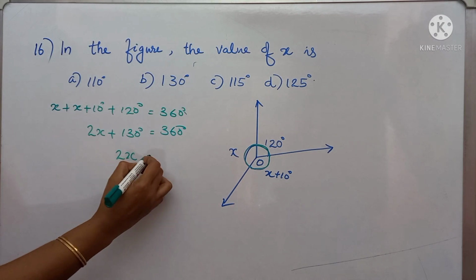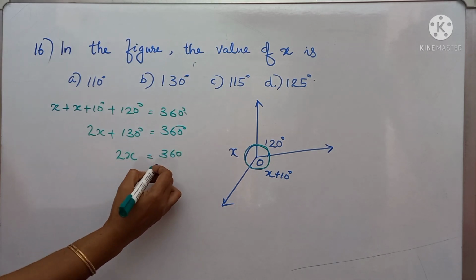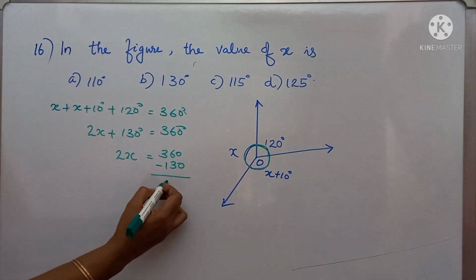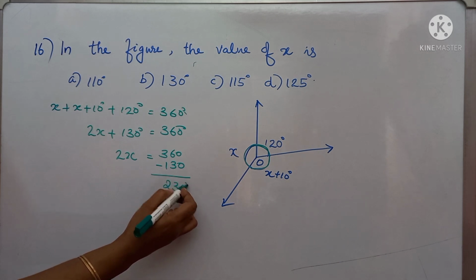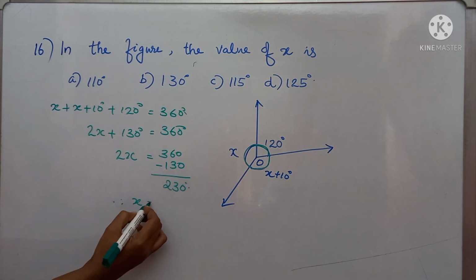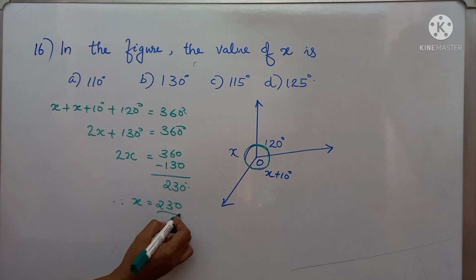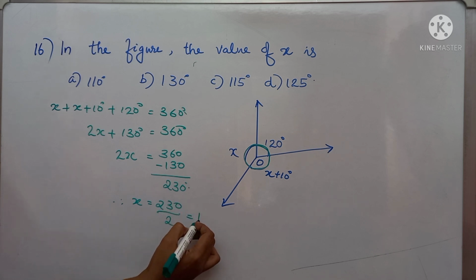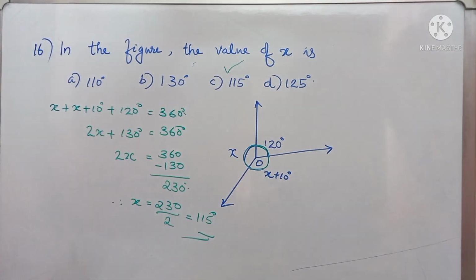Therefore, 2x is equal to 360 minus 130, that is equal to 230 degrees. Therefore, x is equal to 230 divided by 2, that is equal to 115 degrees. So our answer is option C, 115 degrees.